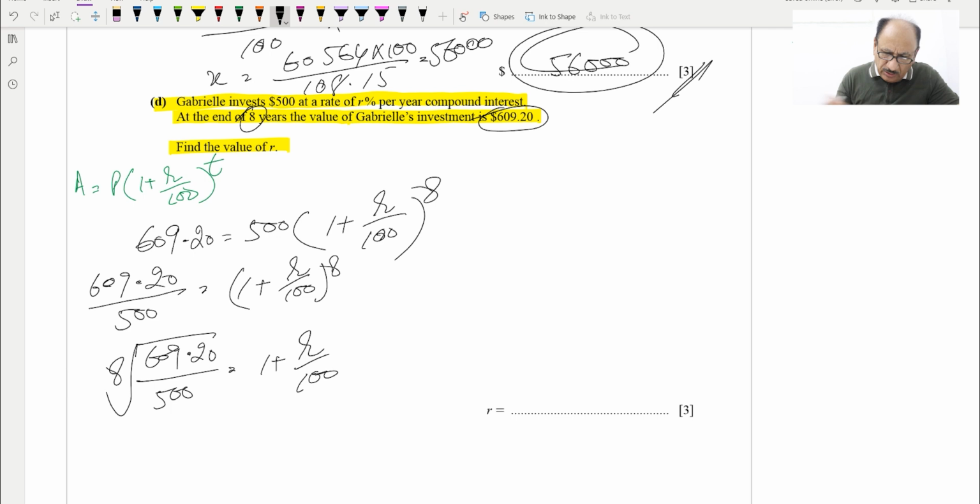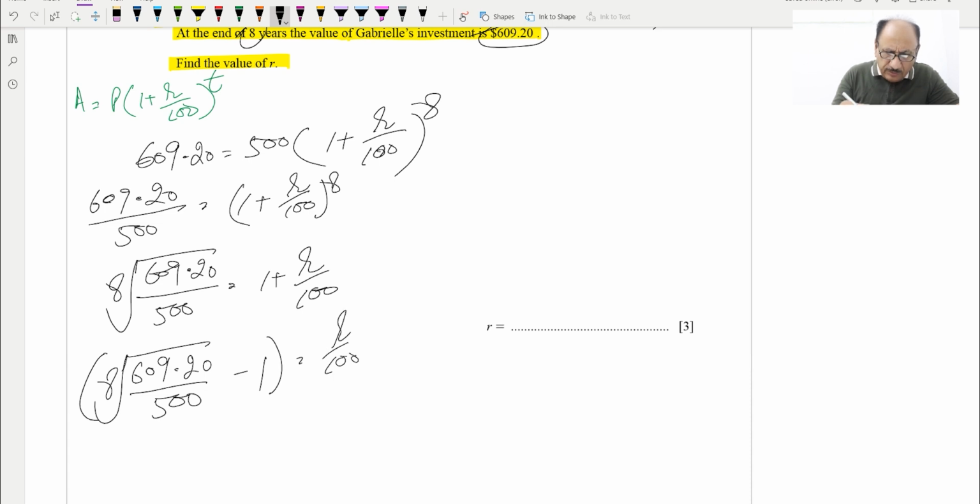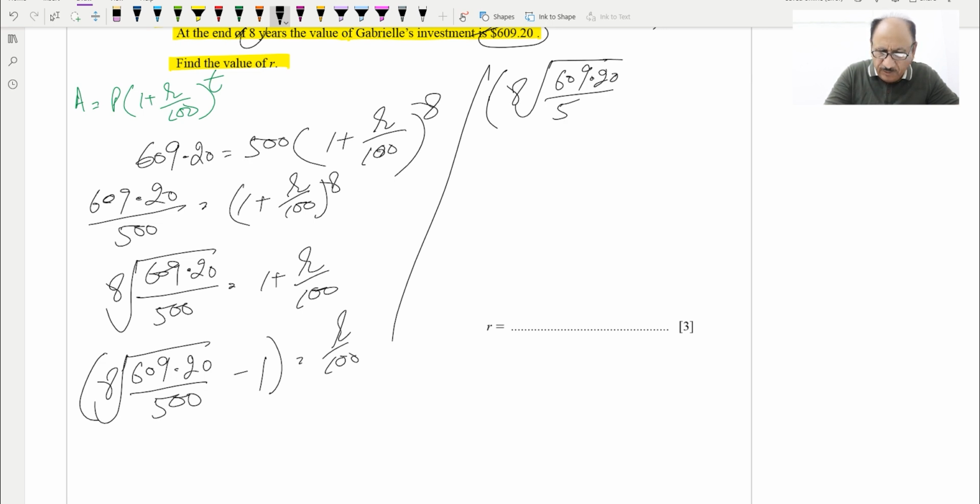Now 1 we can shift to the other side. That will be the 8th root of 609.20 over 500, minus 1, which we have shifted to the other side, and this is equal to R over 100. Next step, we can move 100 also to the other side, so it will be the 8th root of 609.20 over 500, minus 1, multiplied by 100, and this is the R value.